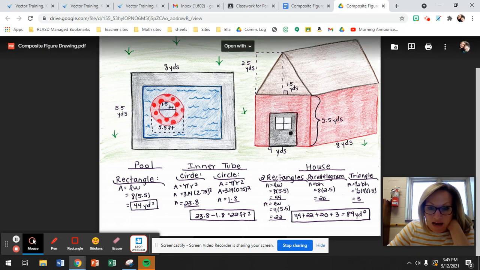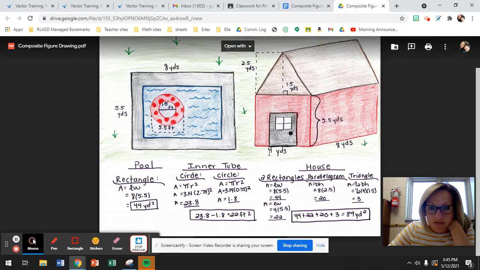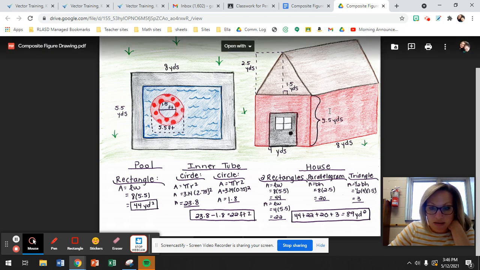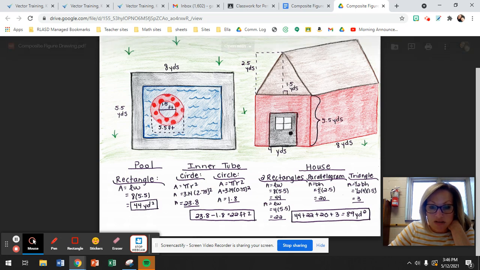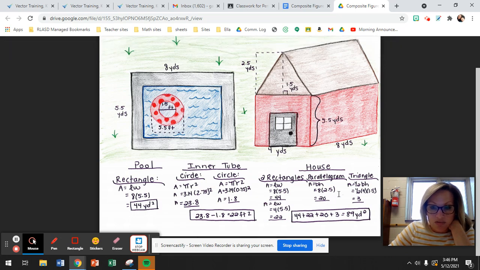And then for the house, I have 2 rectangles because I have one here and one here. That's length times width, so 5.5 times 8, and that equals 44. And this one here is 5.5 times 4, and that equals 22. I'm going to add those together. Then my parallelogram up here is base times height, so that's 8 times 2.5, which equals 20.